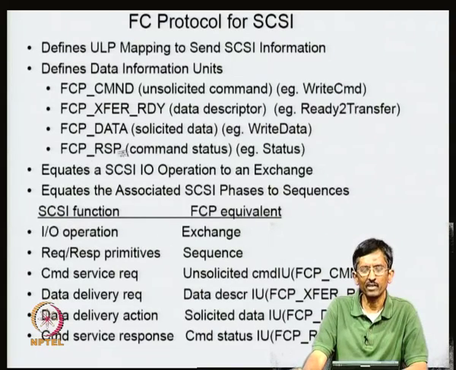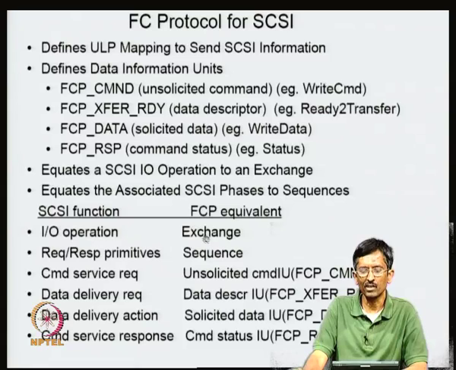And then again the target sends back a response using FCP. Another aspect is that this is per protocol event. You can essentially take a SCSI IO operation to be an exchange and each associated SCSI phase to be a sequence. This I have listed again in tabular form.